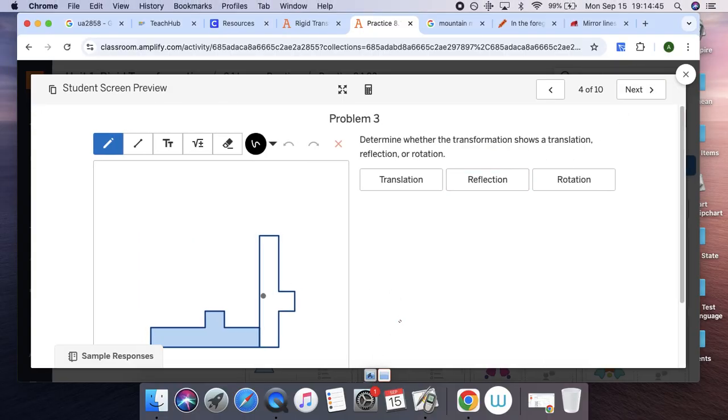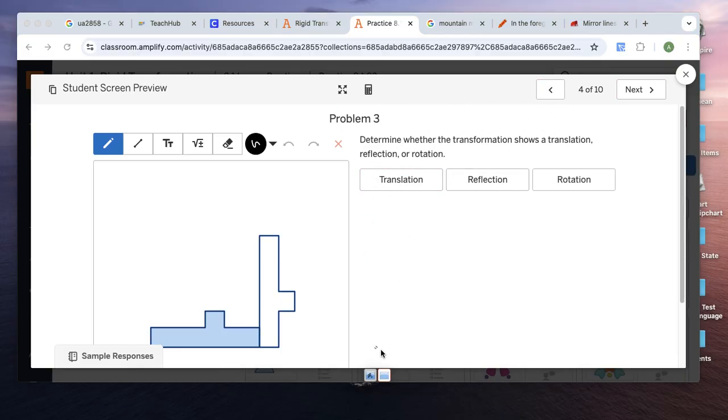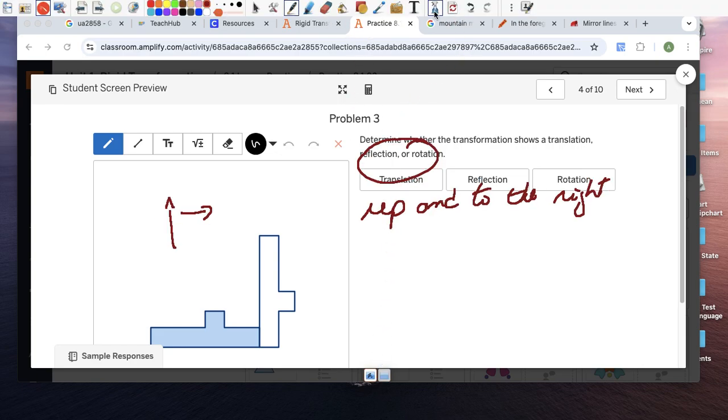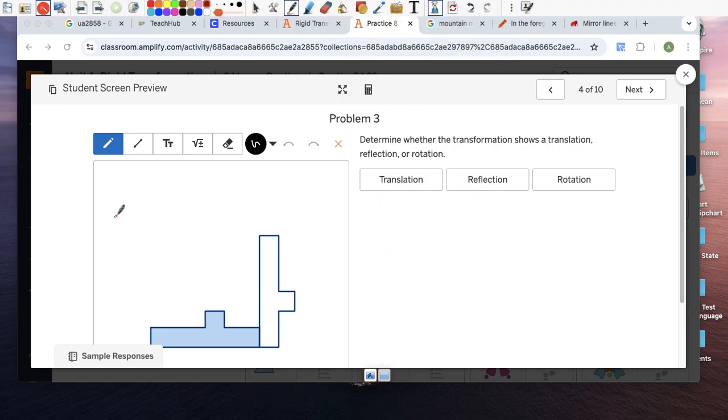This one. Where's my pen? So this one here. Imagine an arrow that's pointing up. It's now pointing to the right. So how did that arrow, and here I'll put the arrow here like this, and now it's pointing that way.